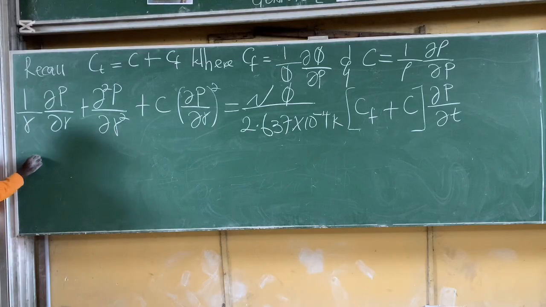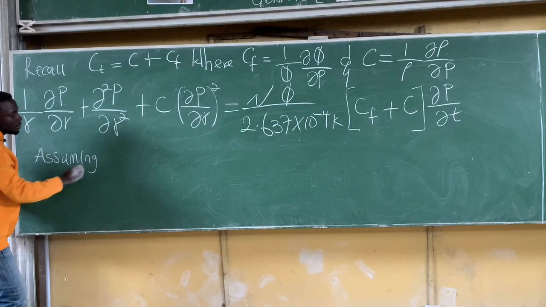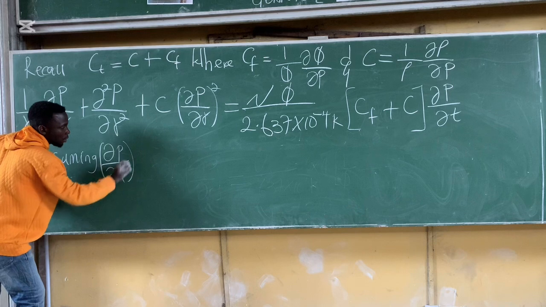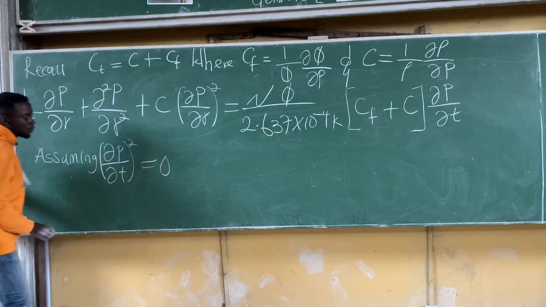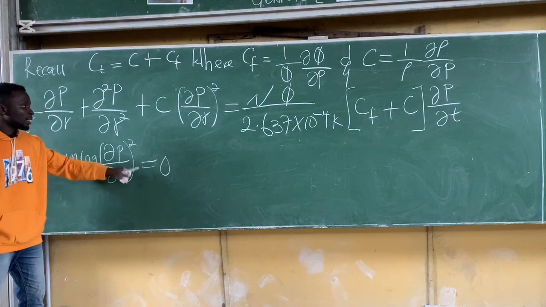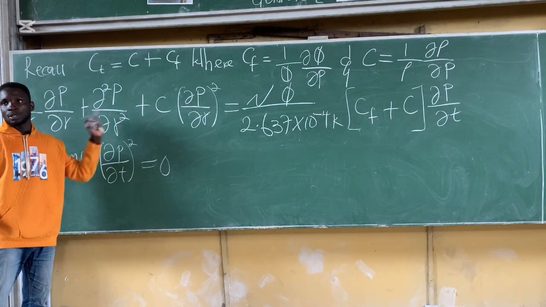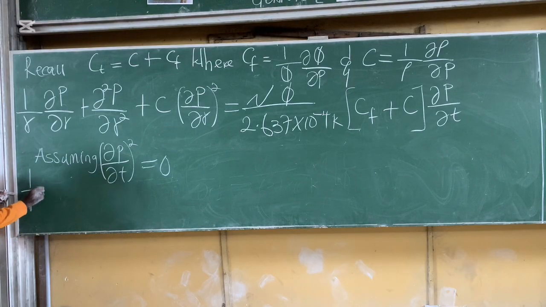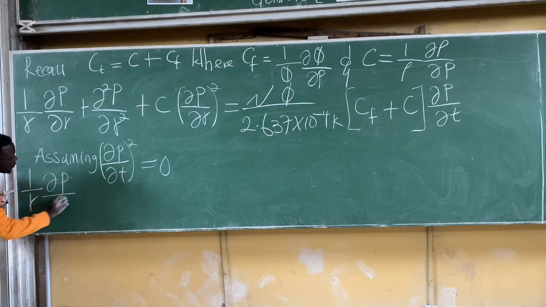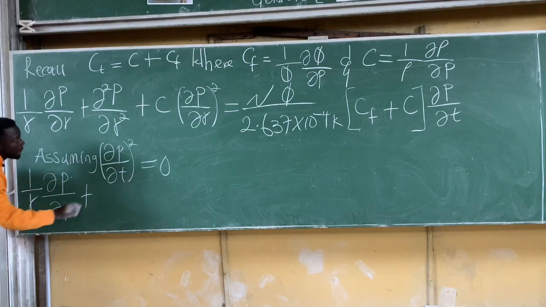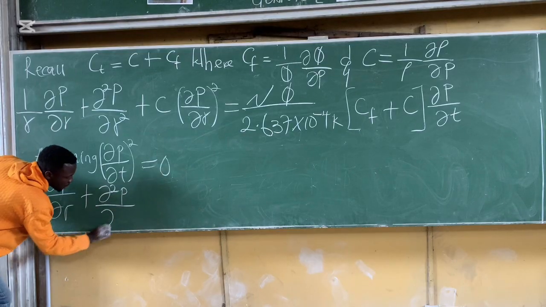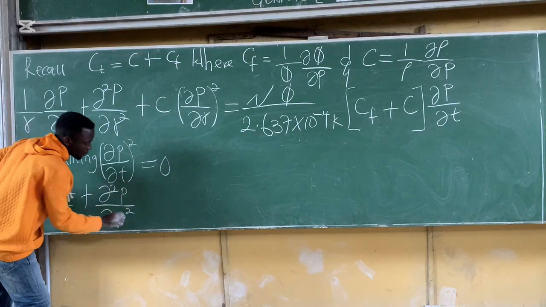Since we have this, let's assume that dp/dt all is square equal to 0. Assuming dp/dt square is equal to 0, what will this equation become? This equation will become 1 over r dp/dr plus d²p/dr² plus.